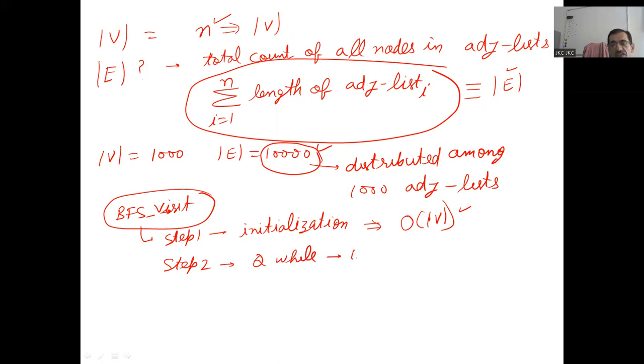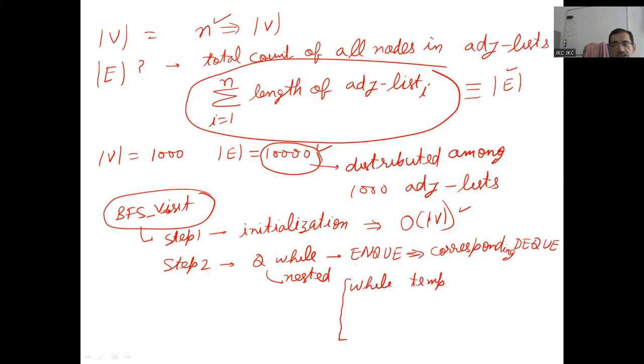In this I have ENQ, and of course the corresponding DEQ will also happen. Let's write in capitals so that you don't get confused. You have to implement ENQ and DEQ, but both calls exist. This was the second step. Within this, nested was a while temp loop. How many times is this going to execute? What is the maximum possibility?